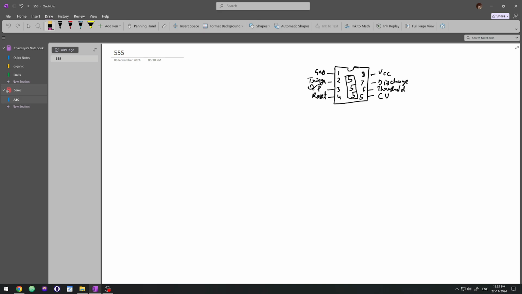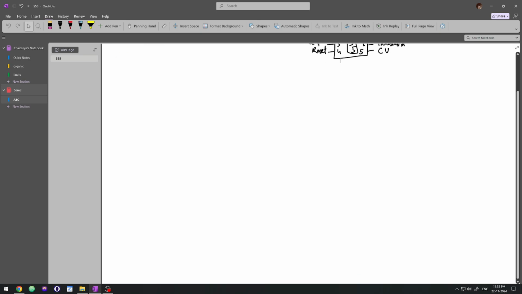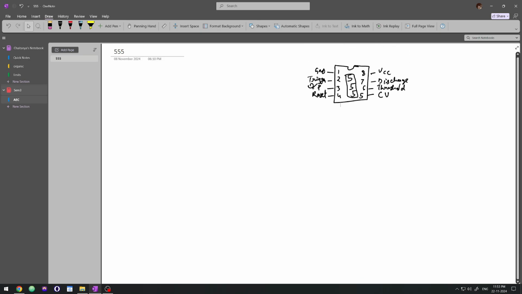So let me just take this here. Yeah, so first of all, since it's 555, it says in the name, it means there are 3 5k resistors in series in order to form a voltage divider. So let's just draw 3 5k resistors in series, 1, 2, and 3, one more.